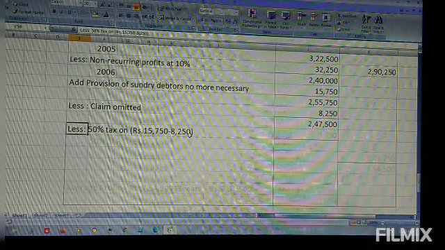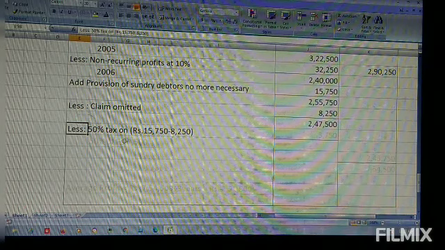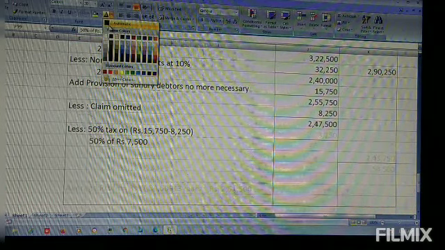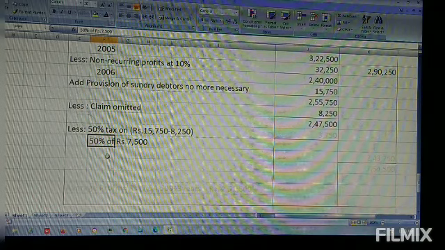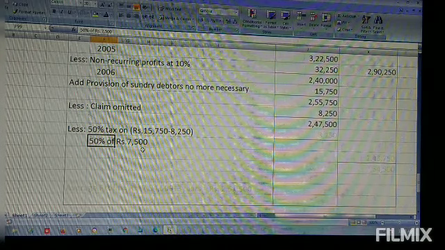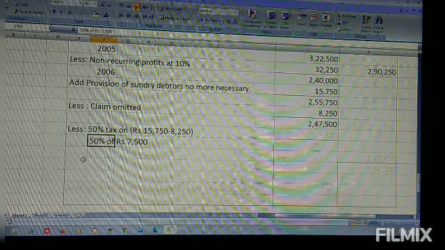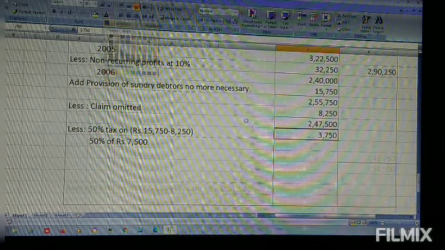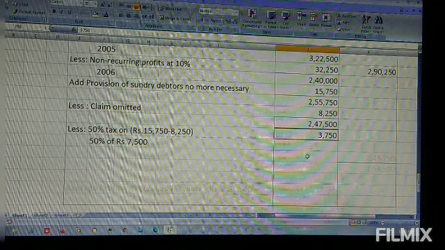So we'll find the difference of these two and calculate tax on this amount. 15,750 minus 8,250 comes to 7,500. On that we calculate 50%, because the tax rate is 50% as given in the problem. 50% of 7,500 will be 3,750. So now we'll see the difference.